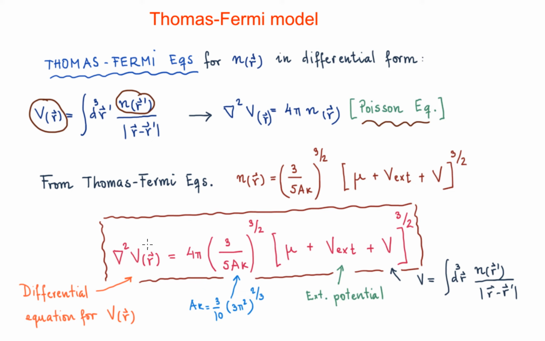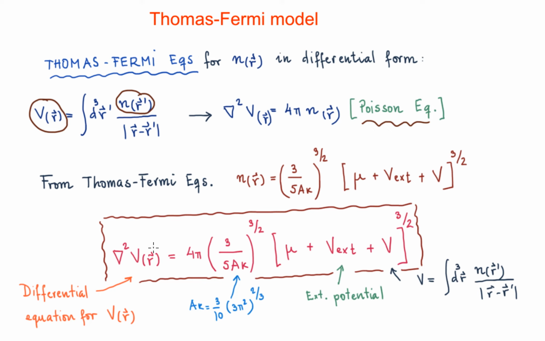So we have a differential equation for V, not for the electronic density, but for the induced potential. Of course, we need to specify the external potential in order to solve that equation. But this is the equation that we have to solve. It can be solved more easily than the integral equations that the induced potential satisfies.